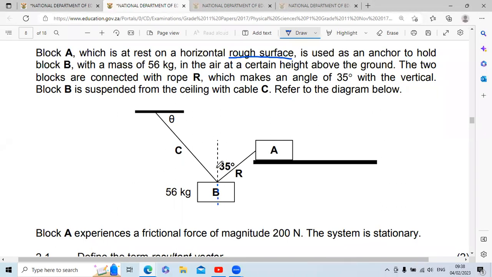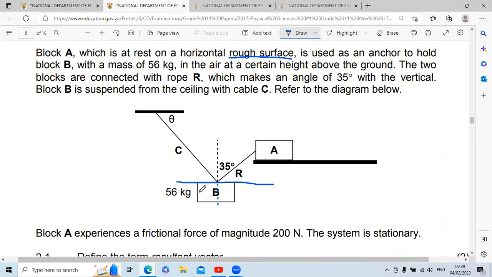Actually, let me just draw a few vectors here to help you out, because what you said is correct. This is going to be our x-axis.